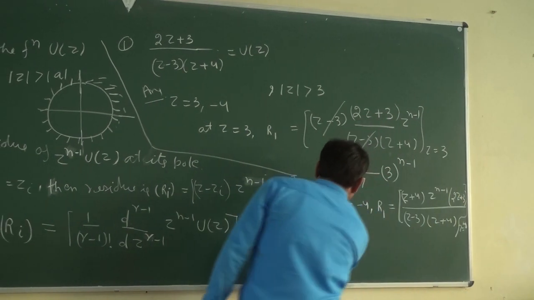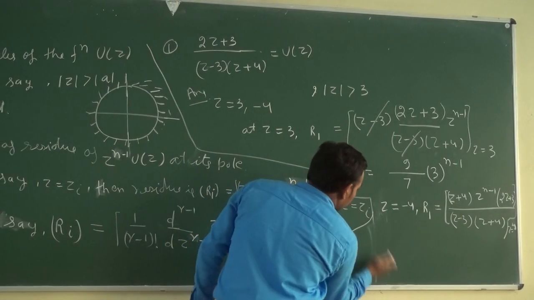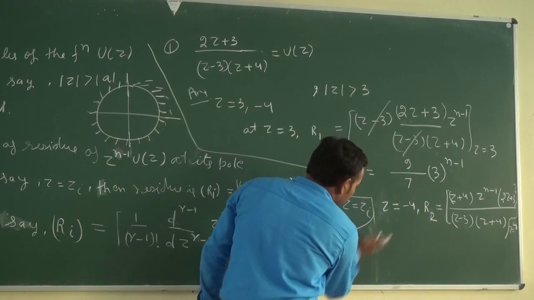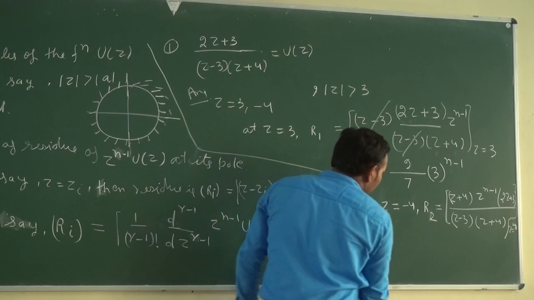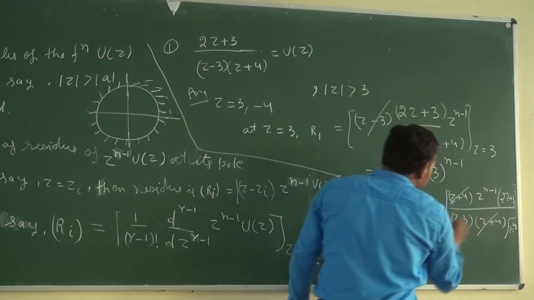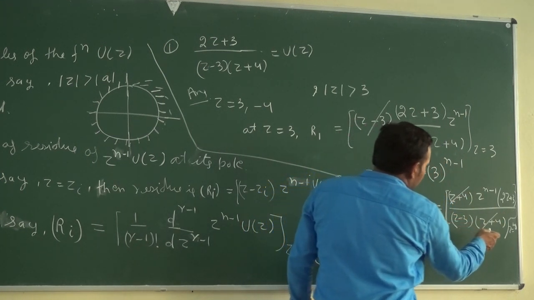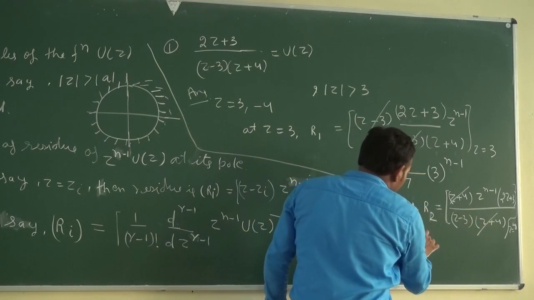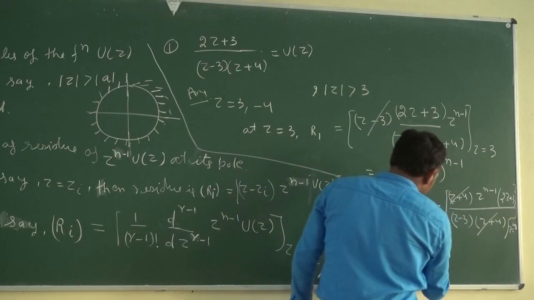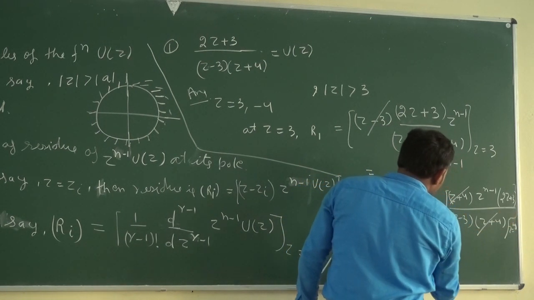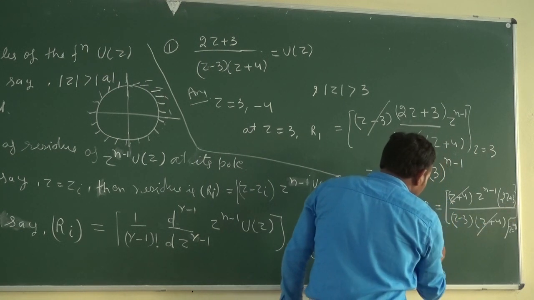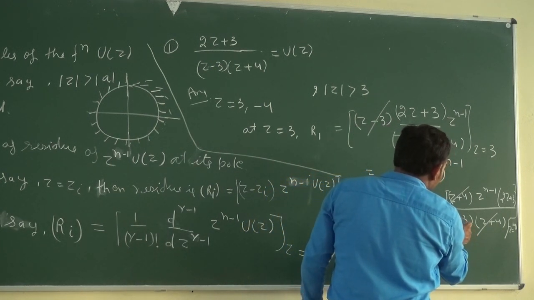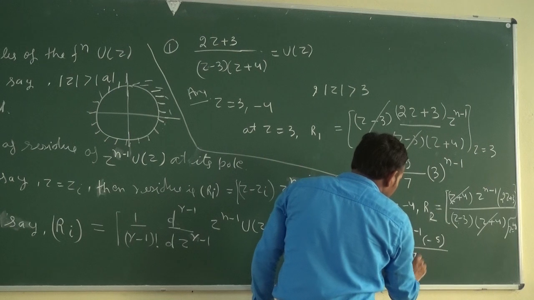Simply write here, say this is R2. So R2 is equal to, this term cancels out. So for Z is equal to minus 4 it is minus 4 to the power n minus 1, and this is minus 8 plus 3, minus 5, upon minus 7.